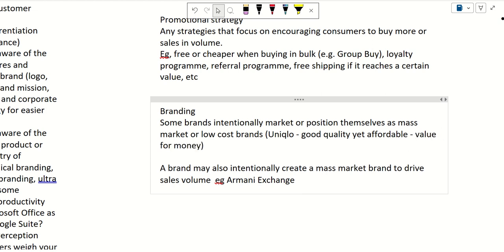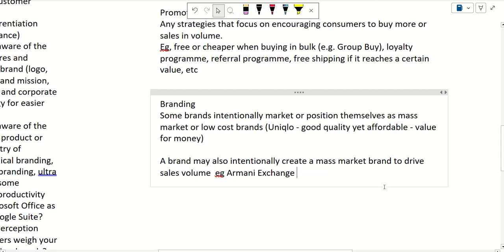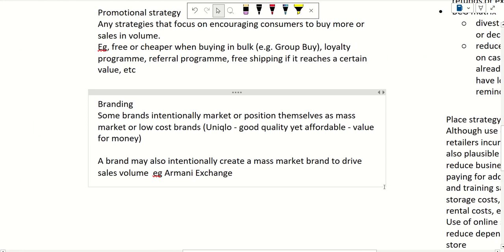Don't call them cheap. It's like a politically incorrect word in a sense, so try to avoid. And please don't write the words bad quality. Use the words poor quality, right? Also try to avoid the word bad.